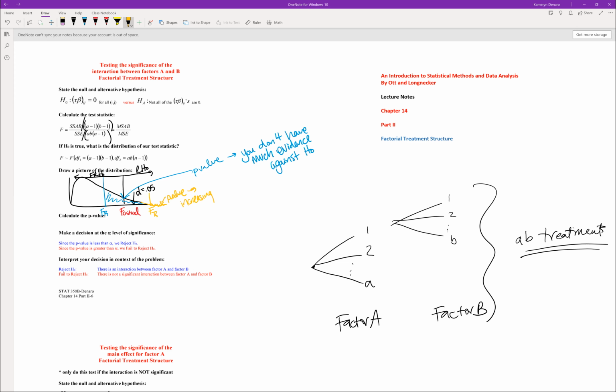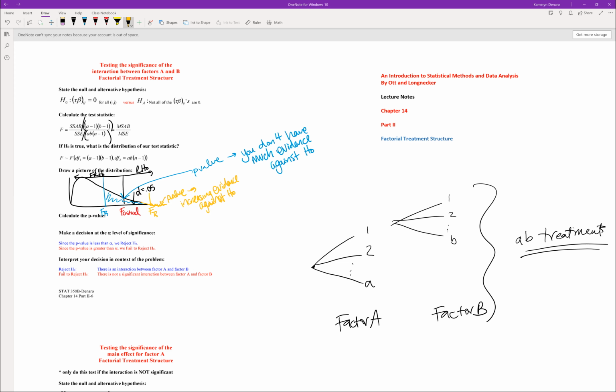And this is increasing evidence against H0. So in general, if you want to make a decision, if you observe a very large test statistic, that means that the interaction term has a lot more variation than just random noise.